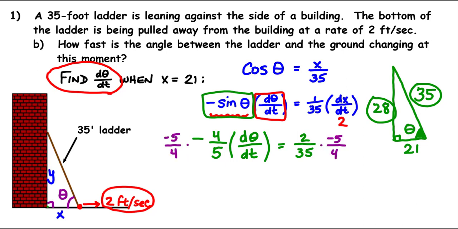That allows us to cancel everything out, which is really kind of satisfying for me. So we have d theta dt equals, then we have more canceling over here on the right. 2 and 4, obviously, we can cut in half. And then the 5 and the 35 will become a 1 and a 7. So d theta dt is negative 1/14.